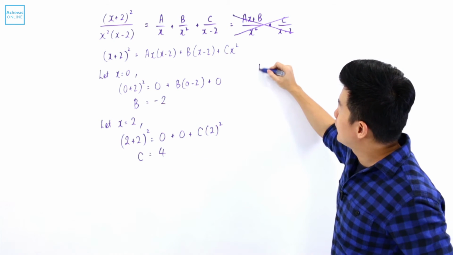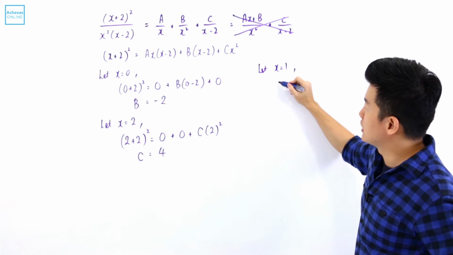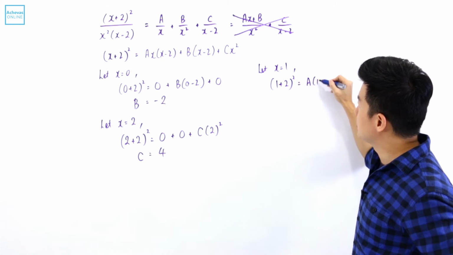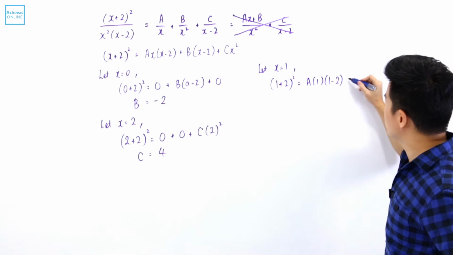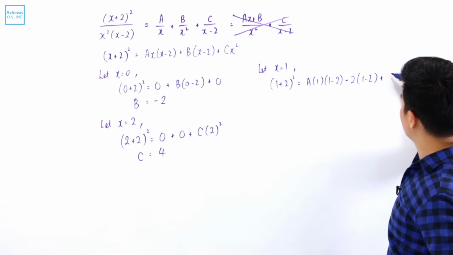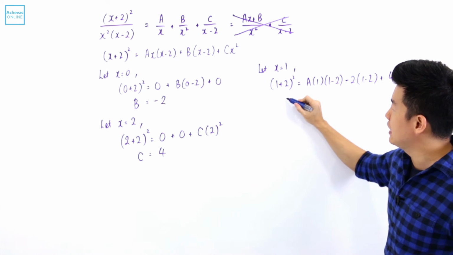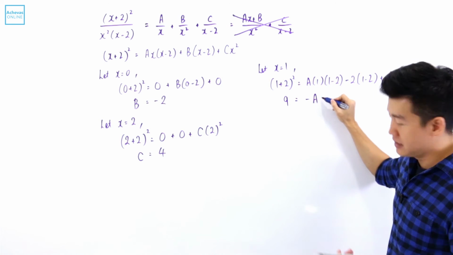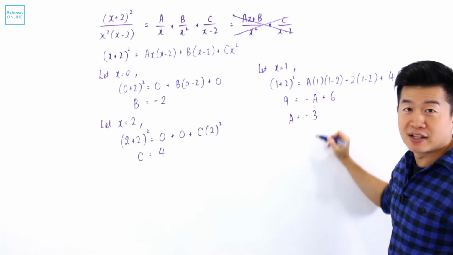If I let x be equal to 1, on the left hand side it is just 1 plus 2 squared, and on the right hand side it will be a multiplied by 1 and 1 minus 2, plus b. b is minus 2, so it will be minus 2, and 1 minus 2, plus c. c is 4, so 4 times 1 squared. I have an equation in terms of just a. On the left hand side is 3 squared, so it is 9. And then this will be minus a plus 6. So a is going to be equal to minus 3.